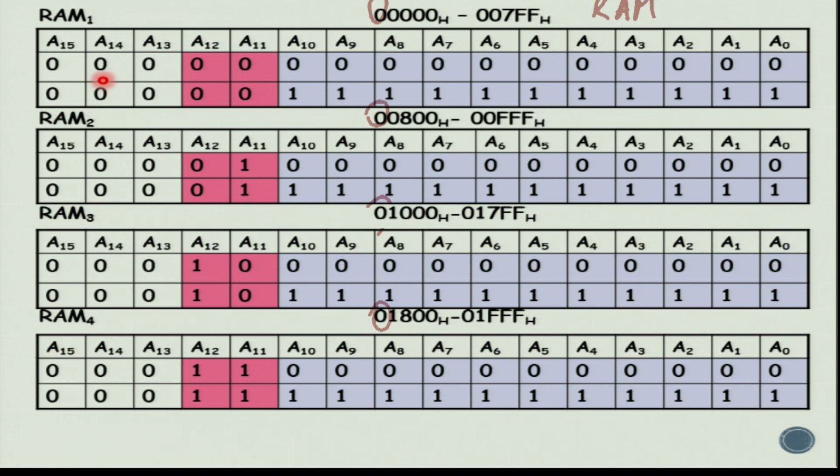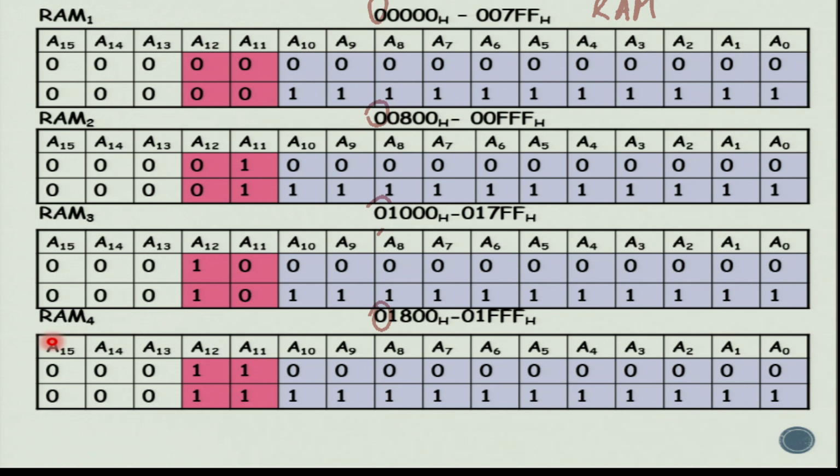To select between them, we have to use the lines A11 and A12. These are going to be 00 for RAM 1, 01 for the address range of RAM 2, 10 for the address range of RAM 3 and 11 for the address range of RAM 4.